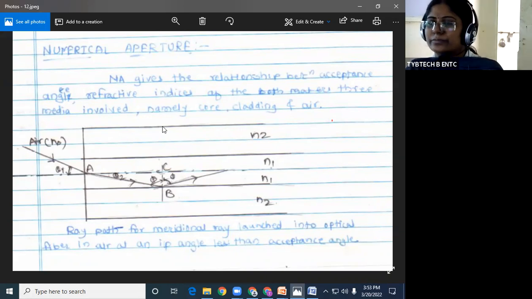So if we have two optical fibers, one is having less numerical aperture and one is having more numerical aperture value. So in that case, ज्याच्या numerical aperture ची value जास्त आहे, त्या fiber मध्ये light काय होईल? जास्त collect होईल.